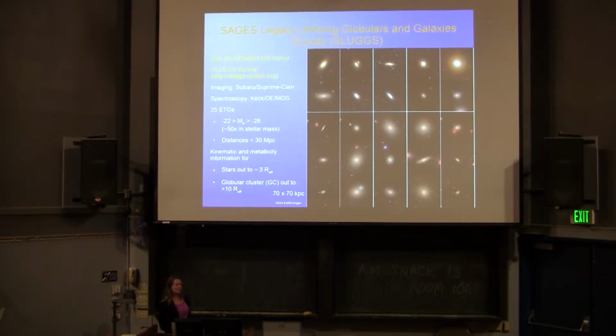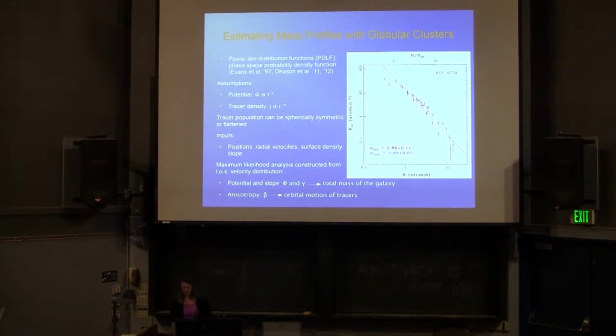So the main goal of this project is to build up mass profiles and dark matter fractions within these galaxies out to around 5 to 10 effective radii in galactocentric radius from the center of these systems. We've chosen to build up our mass profiles using a power law distribution function methodology, where the globular clusters are our discrete tracers, which are described in a steady state and collisionless system by a phase-space probability distribution function.